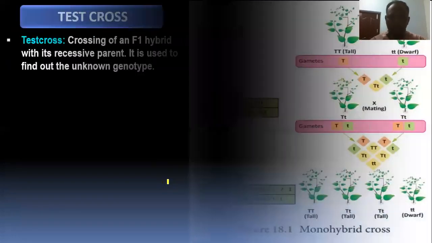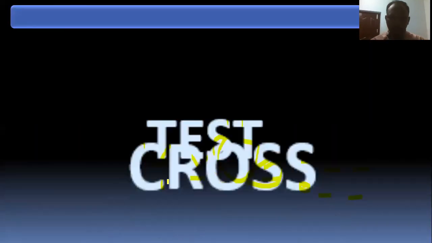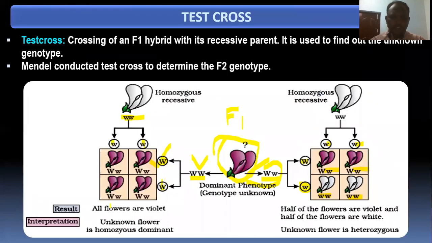Suppose all flowers are violet, then you can say the genotype is definitely homozygous dominant. Here we are getting only half of the flowers violet in the test cross, and half of the flowers are white.